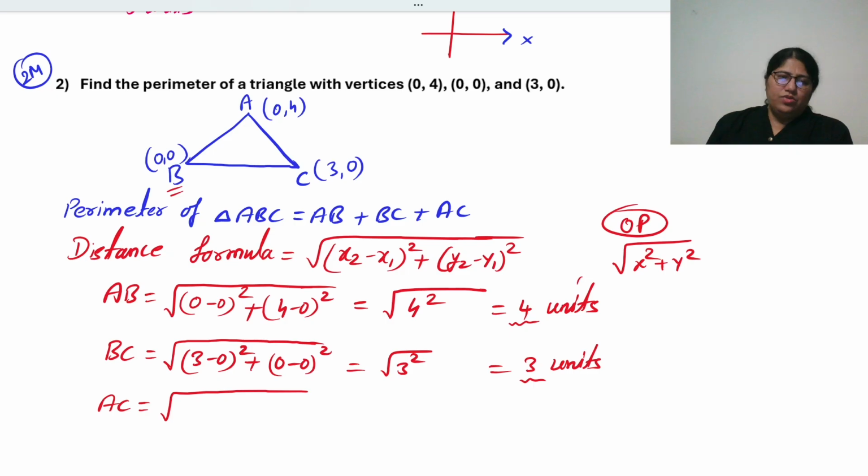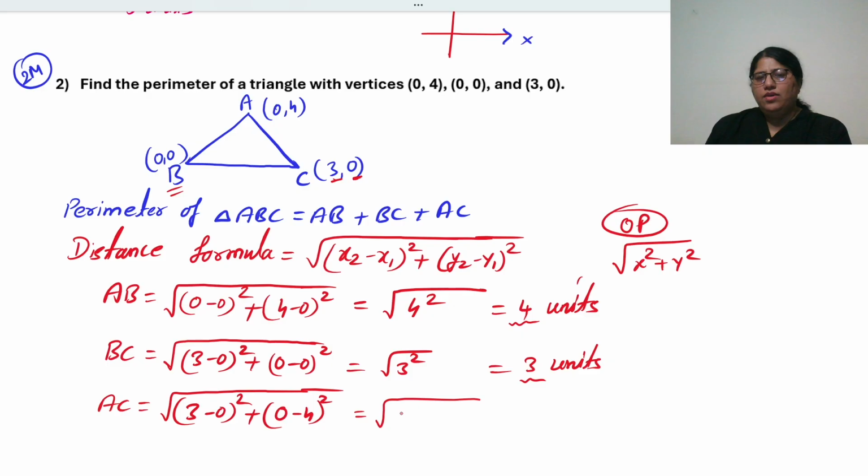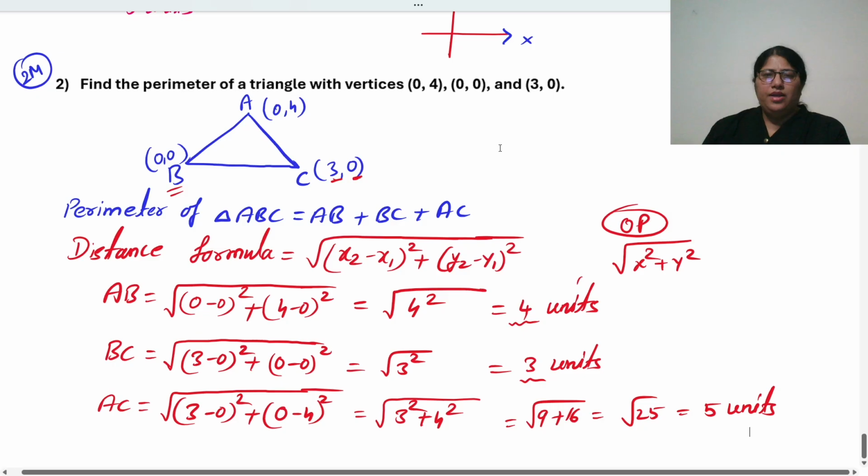So 3 minus 0 whole square plus 0 minus 4 whole square. Because I started with 3, for y2 minus y1 also, I will take 0 as y2 and 4 as y1. So what is going to be the value here? 3 square plus 4 square, which is 9 plus 16, which is root 25, which equals 5 units. So what is going to be the perimeter here?